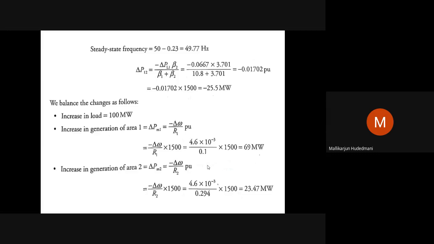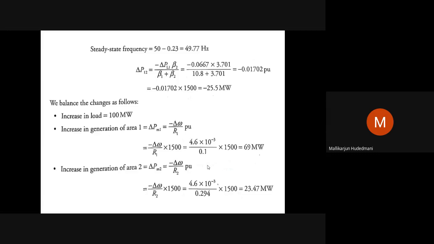As well, net tie line power flow noticed is delta P12 from area 2 towards area 1. The flow is minus delta PL1 into beta 2 over beta 1 plus beta 2. If I accumulate all this data in the respective places, I get minus 0.0667 into 3.701 divided by 10.8 plus 3.701.